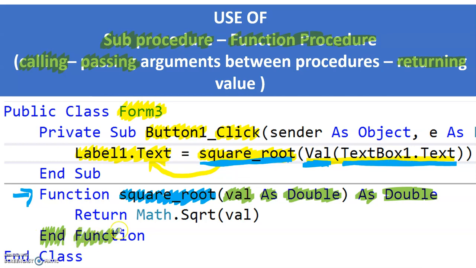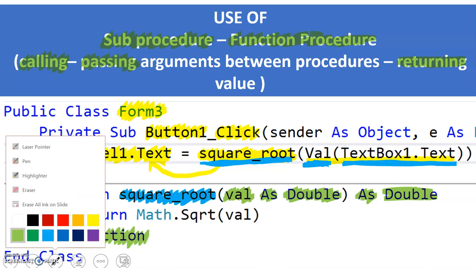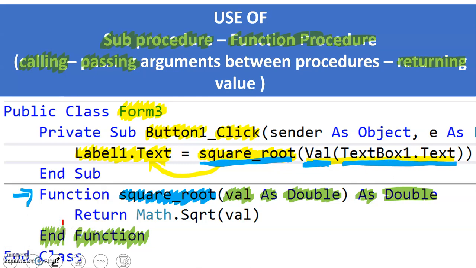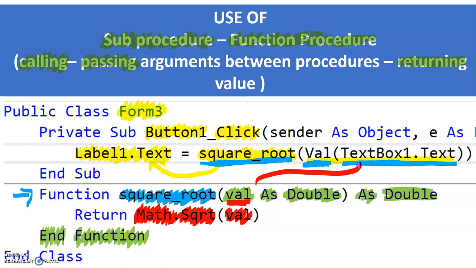But what we are doing inside this function is the most important thing. See this carefully. Math is an inbuilt library, or a Math object, and Math.Sqrt is again an inbuilt function which comes from this Math object. We want to find the square root of val. Val is this value, which comes from this text box.